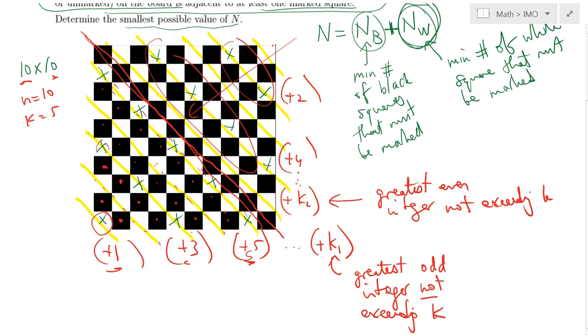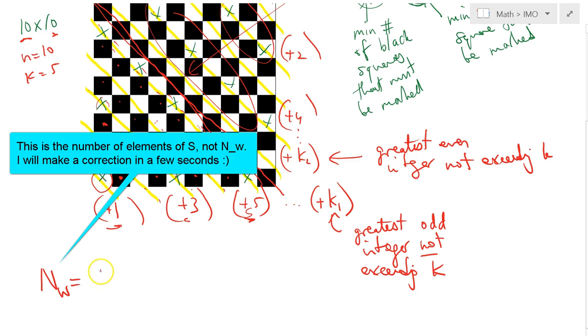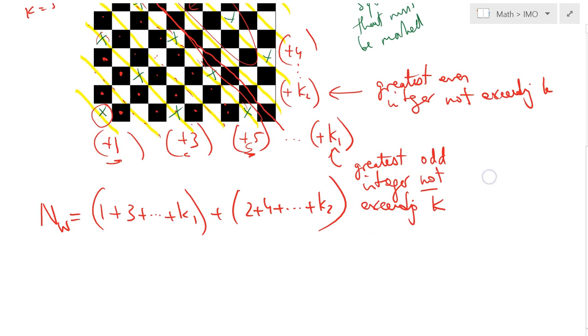But now NW therefore is simply equal to 1 plus 3 plus ... plus k1, plus 2 plus 4 plus ... plus k2. But it is obvious that k1 and k2, the way that they are defined, is such that if I rearrange this sum, I will get 1 plus 2 plus 3 and so on.